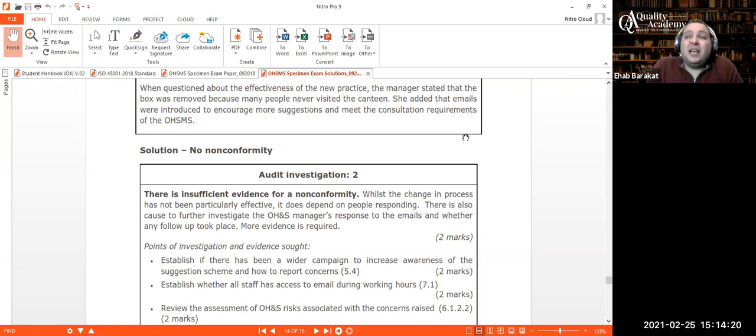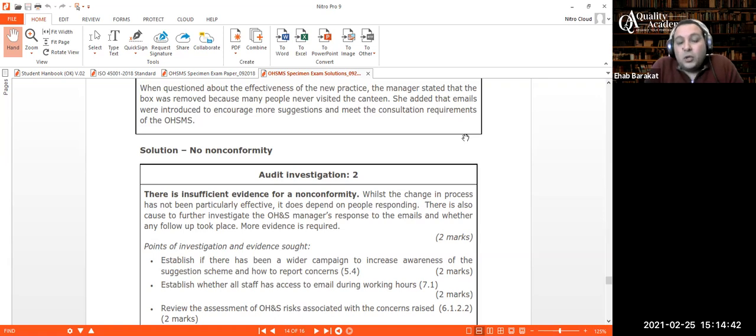If they conducted or studied this new way and put it in their risk assessment to ensure that this way is more effective than the previous way, this is a question.